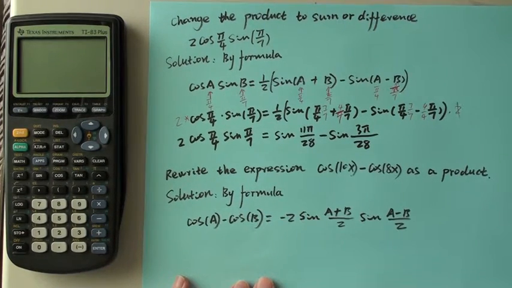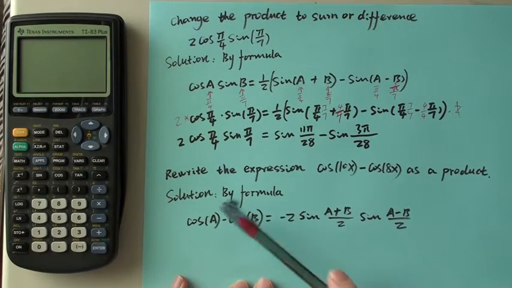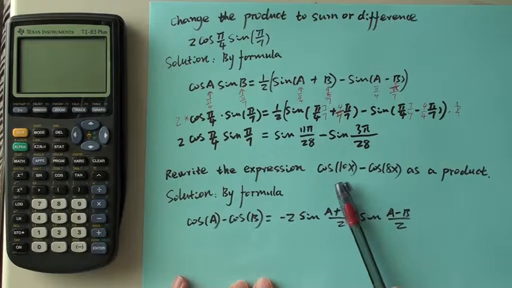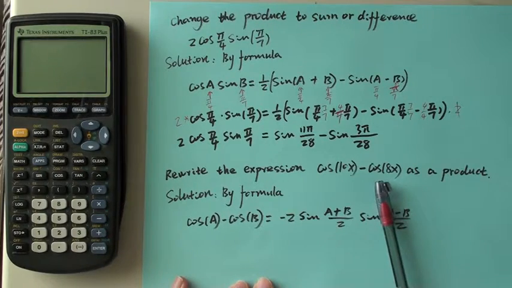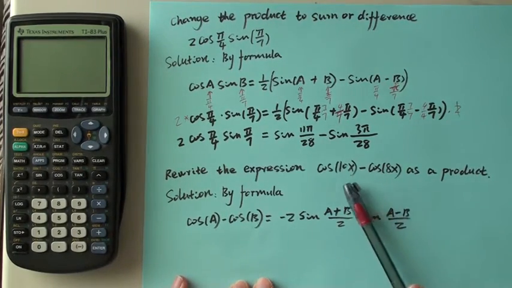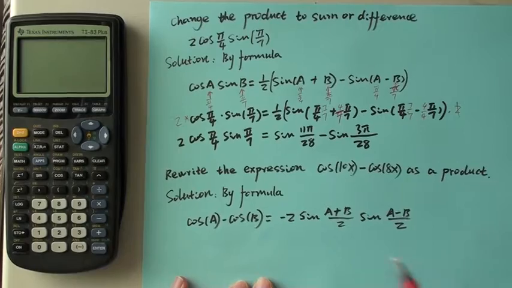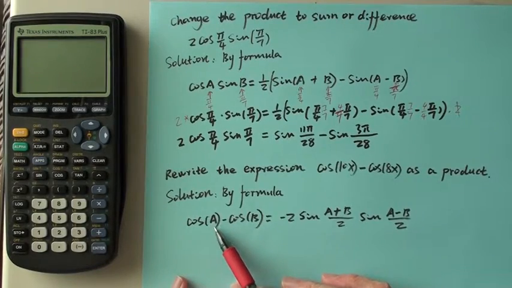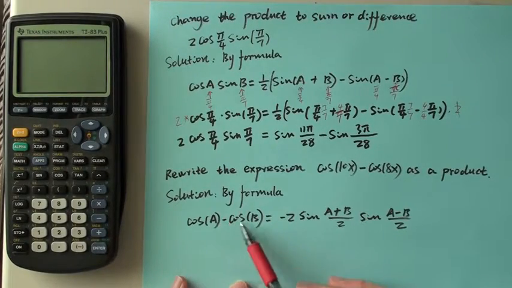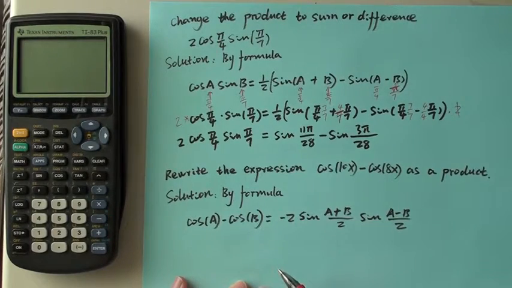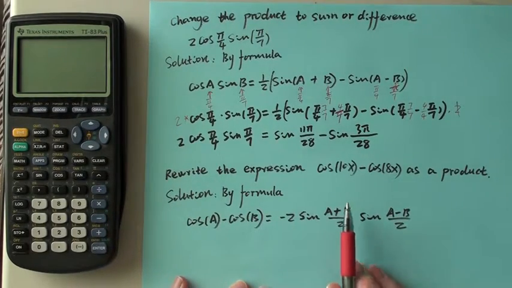Alright. So then we may look at the second example. The second example is to rewrite the expression cosine 10x minus cosine 8x as a product. We have to use this formula: cosine of one angle minus cosine of another, the one right here.